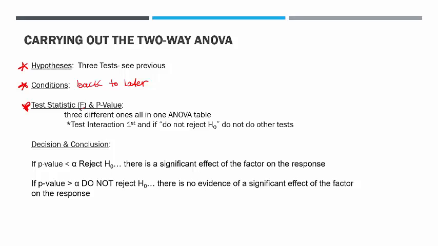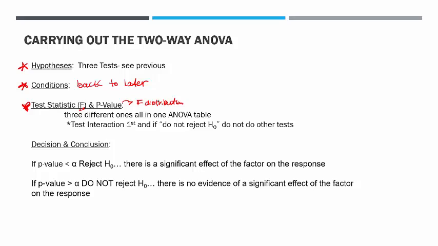The test statistic is referred to as an F statistic because the p-value is from what's called an F distribution, same as one-way ANOVA. It's a right-tailed test. It's a right-skewed distribution. It has two different degrees of freedom that determine its exact shape, and those degrees of freedom are based on the overall sample sizes and the number of levels of each factor.